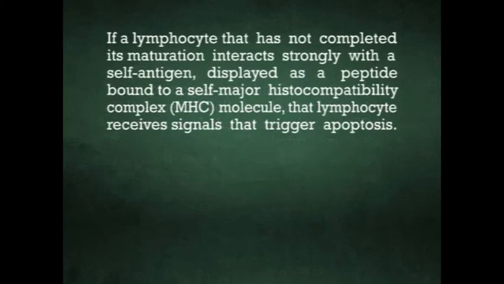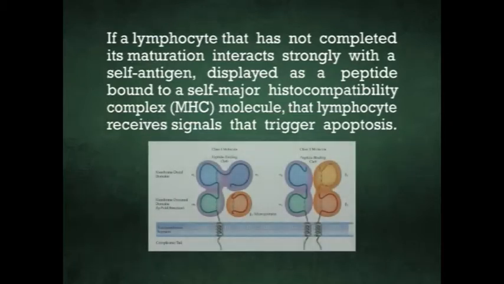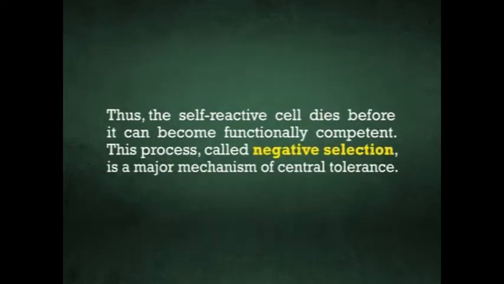If a lymphocyte that has not completed its maturation interacts strongly with a self-antigen displayed as a peptide bound to a self-major histocompatibility complex (MHC) molecule, that lymphocyte receives signals that trigger apoptosis. Thus, the self-reactive cell dies before it can become functionally competent. This process, called negative selection, is a major mechanism of central tolerance.